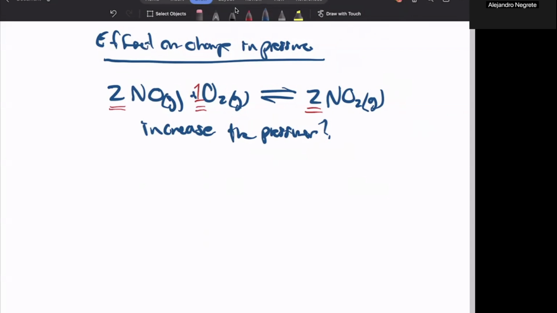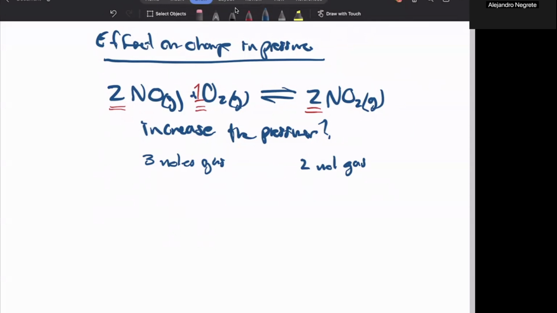Now, the system here, on the reactant side, we have 3 moles of gas. And then on the product side, we have 2 moles of gas. So we take 3 moles, and in order to make the product, we reduce those 3 moles into 2 moles of nitrogen dioxide.